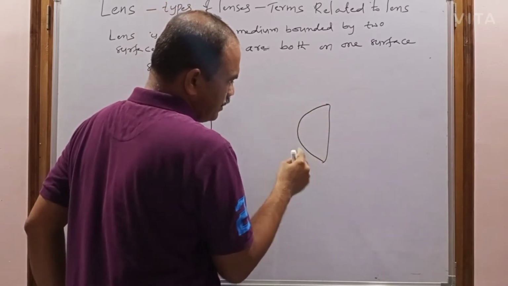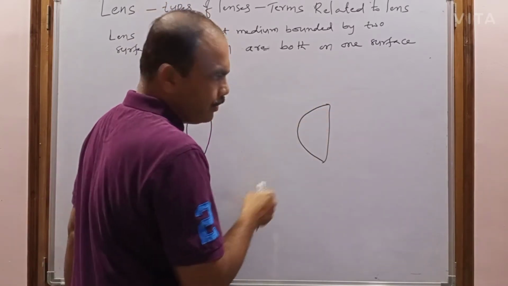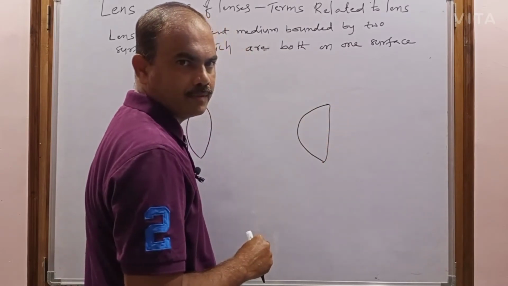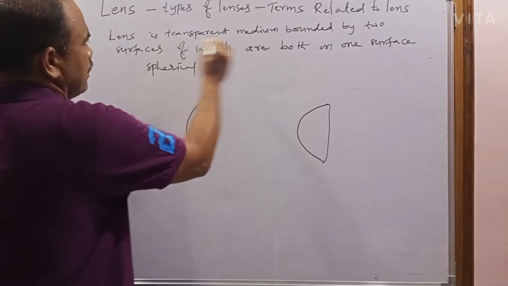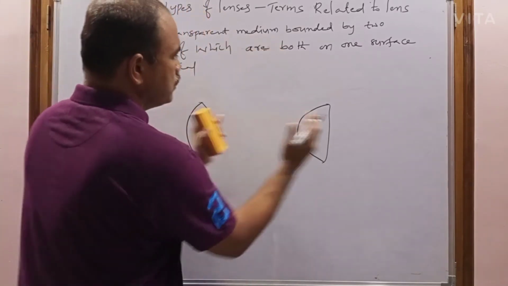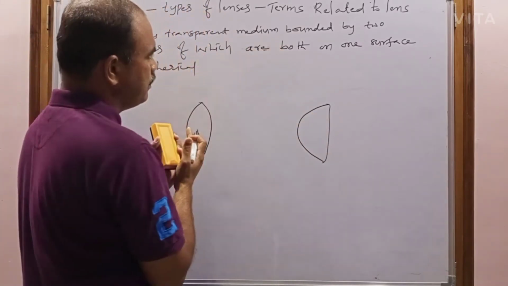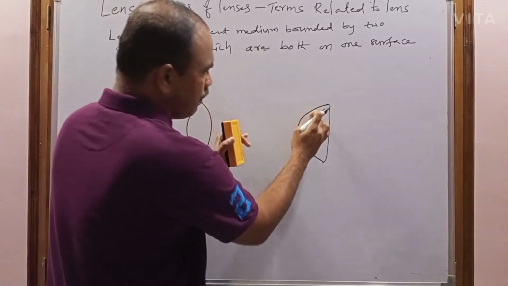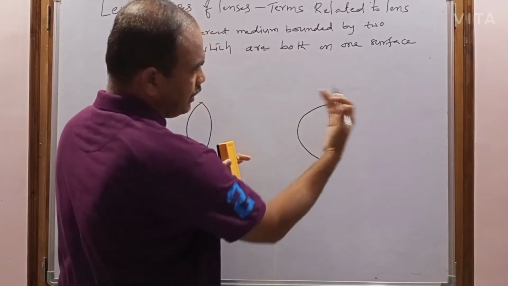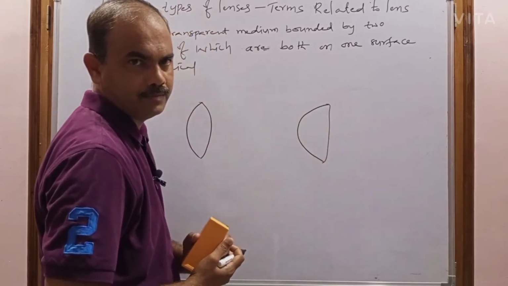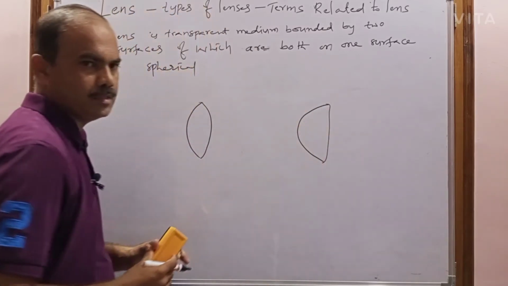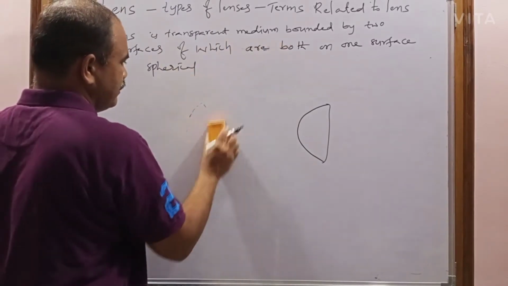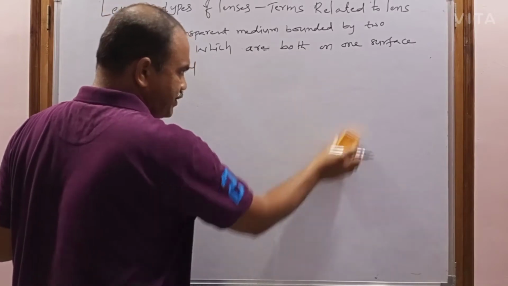But this also has two surfaces, one spherical and the other a plane. That's why a lens is a transparent medium bounded by two surfaces, both spherical, or one spherical and the other plane. This type of transparent medium is called a lens.